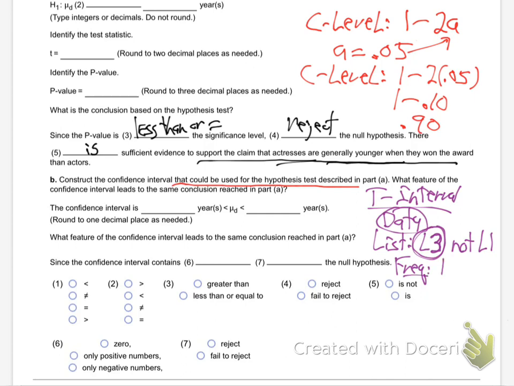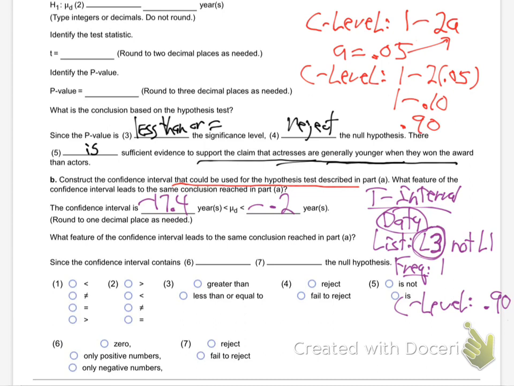Each of those numbers in that list occurs only once. The C level, confidence level, we said is 0.90. Calculate, and you'll get numbers that go from negative 17.4 to negative 0.2. I was looking at the wrong numbers before.